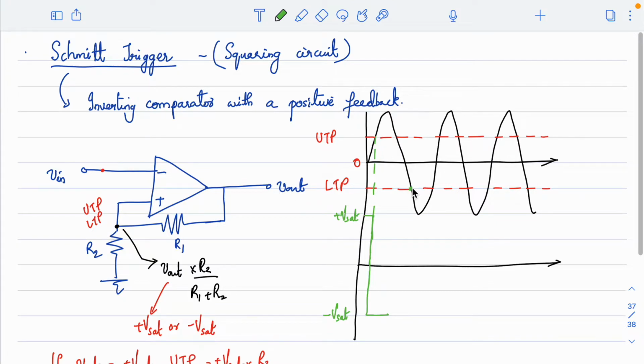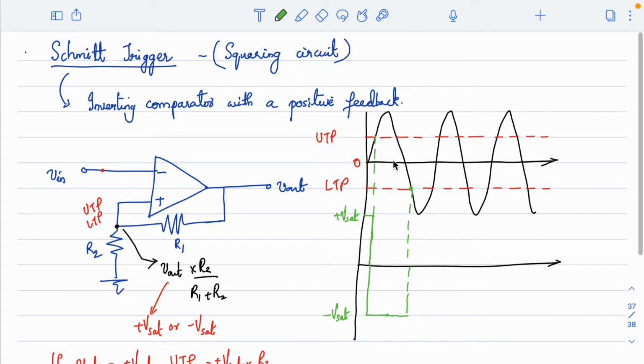Now the reference point will become this. So for the entire duration from here till this point, the output will remain at minus Vsat, because the next threshold point has become the lower threshold point. If the output wants to go to plus Vsat, then your input signal should go below the LTP value.